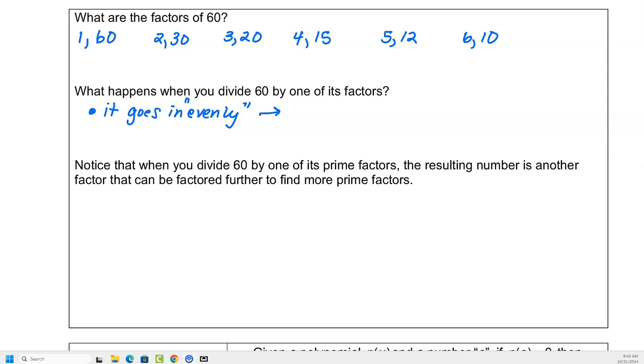Meaning that we have no remainder. This is the big part here. Or we could say the remainder is 0, because technically it does have a remainder, it's just 0.